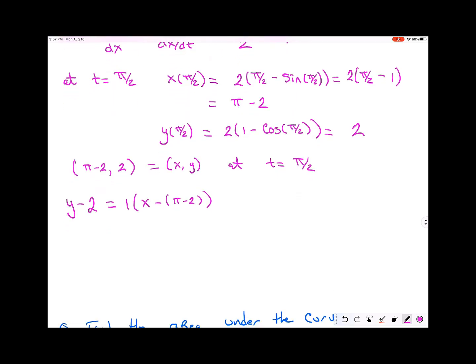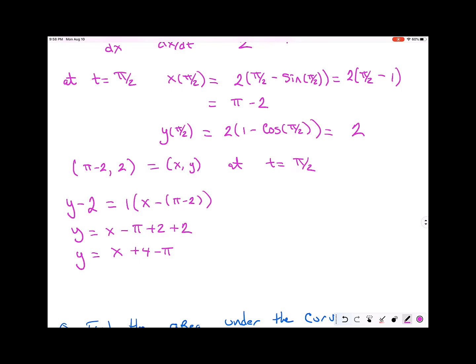Now we can simplify this a little bit, right? I can add the 2 to both sides, so I'd have y is equal to x minus pi plus 2 plus 2. Distributing this negative sign and adding 2 to both sides. And so that simplifies to y equals x plus 4 minus pi.